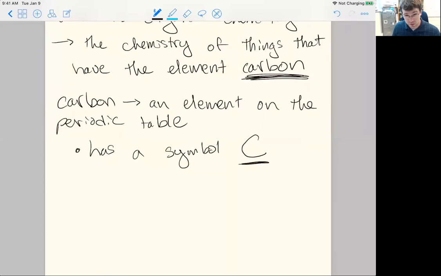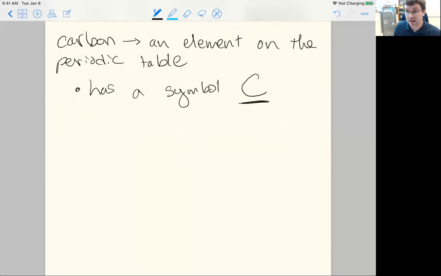We discussed what carbon was a little bit, but in this definition, I also used a fairly complicated word, a word I've been thinking about a lot for the past almost decade and a half of my life, and that is chemistry. So let's ask the question, what is chemistry?